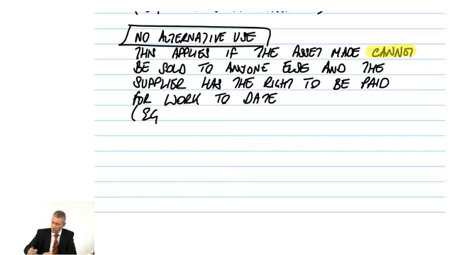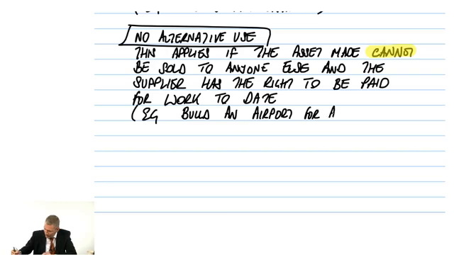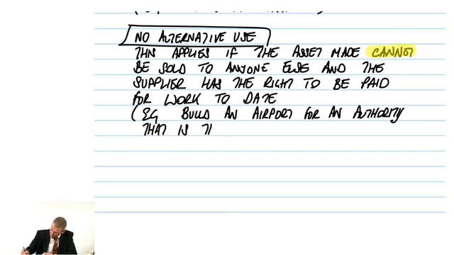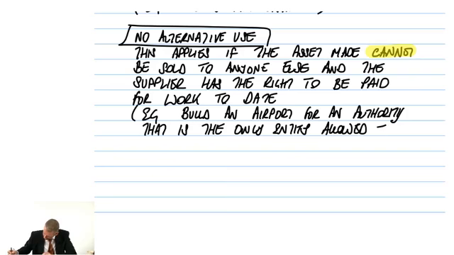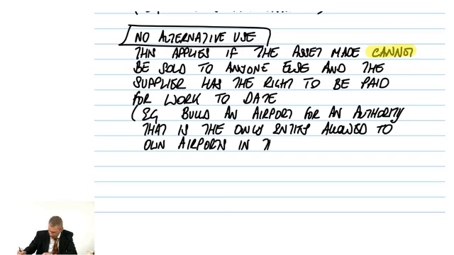So it has to be quite a long story, you see. E.g., build an airport for an authority that is the only entity allowed to own airports in that country.